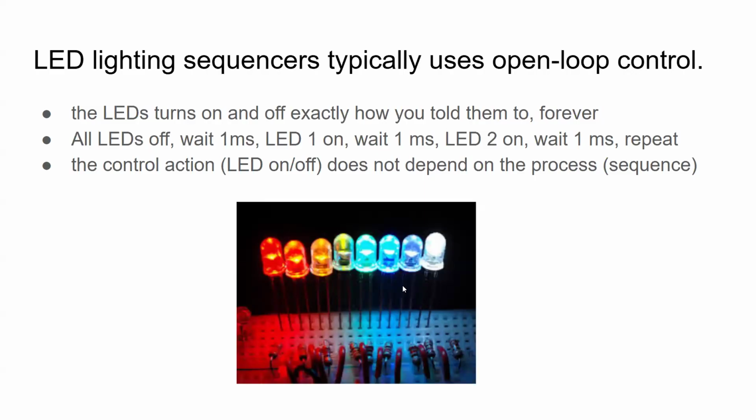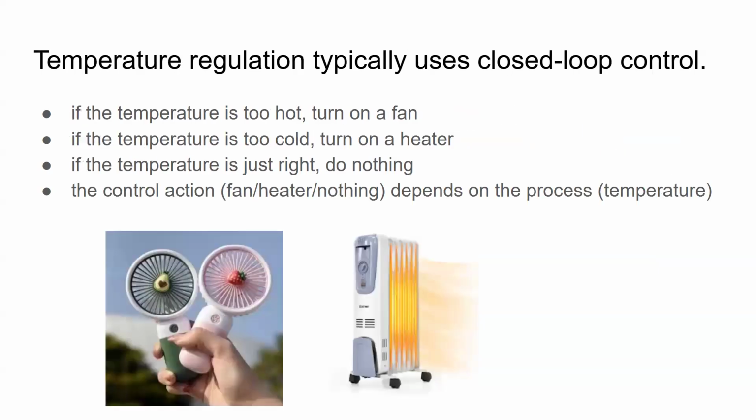LED lighting sequencers typically use open loop control. We just tell the LEDs how to turn on and off, like we did in the first lab, and then nothing else happens. Temperature regulation, on the other hand, will typically use closed loop control.